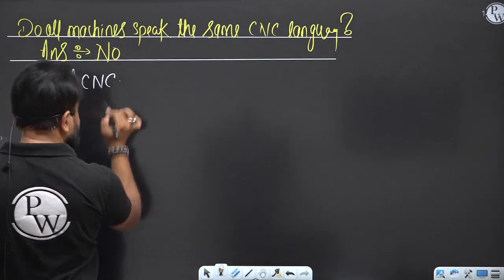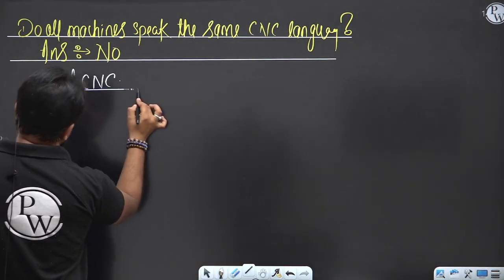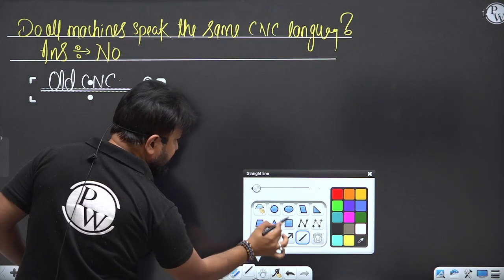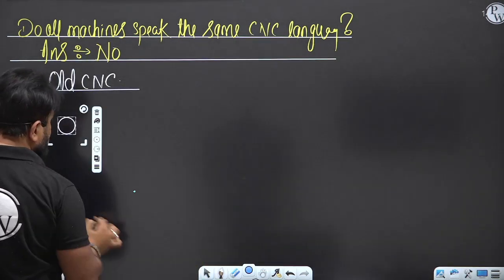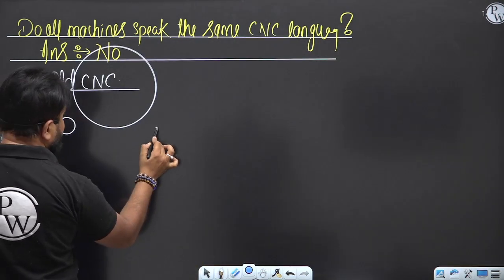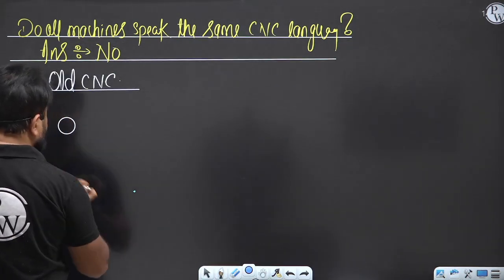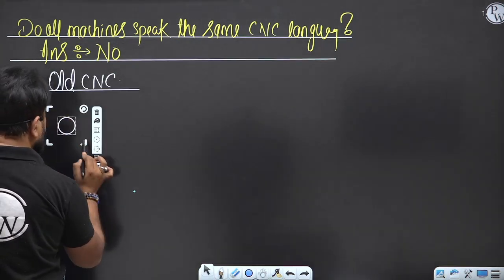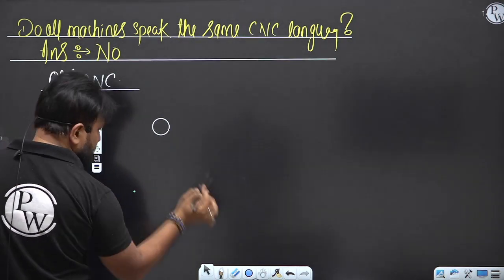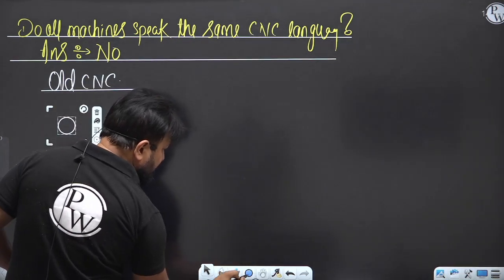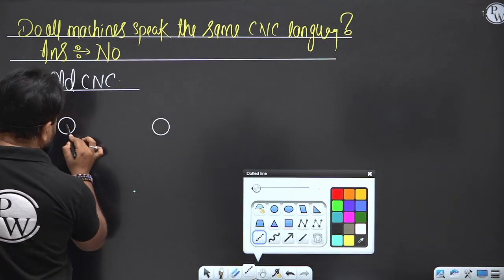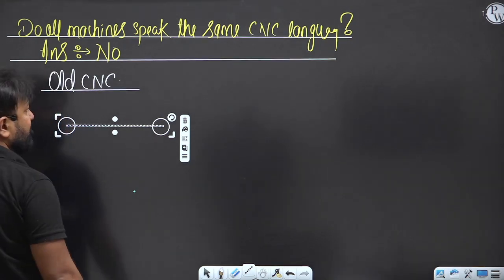In old CNC, suppose I have to move the tool from that point to that point without doing any operation, so I'm representing it with a dotted line.